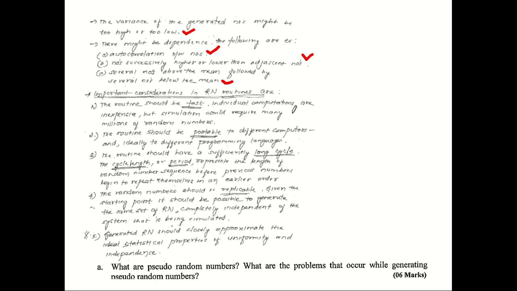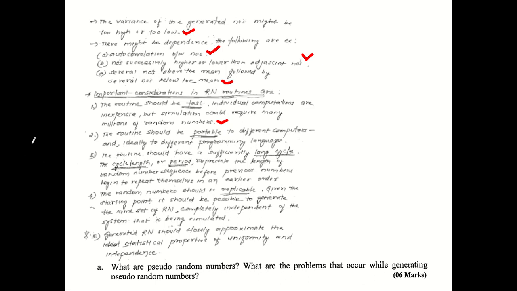Individual computers are inexpensive, but a simulation could require many millions of random numbers. So that's why it must be fast. When we start simulating real world systems, millions of random numbers are required within a short time. In such a case, if the random number generator is taking too much time to generate random numbers, then it would not be useful.